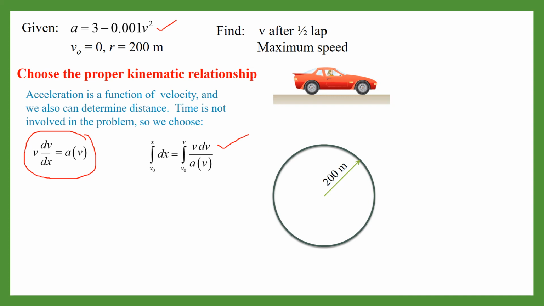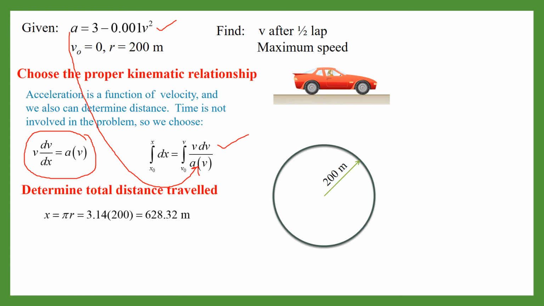So what we do, we will put this expression here. On the RHS we have terms related to v, on the LHS we have terms related to x. So after integration we will obtain some expression.